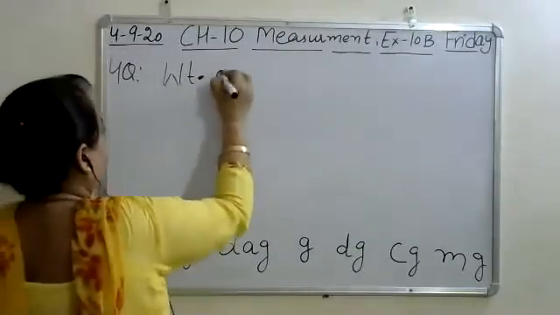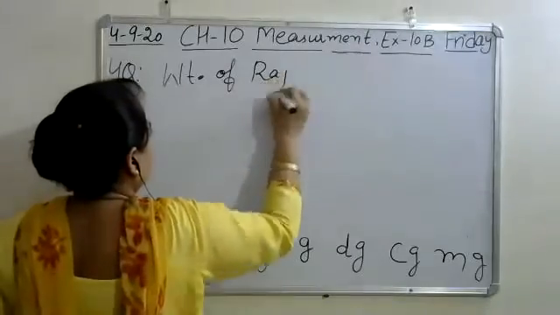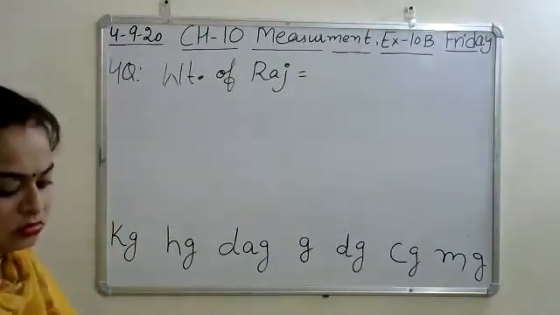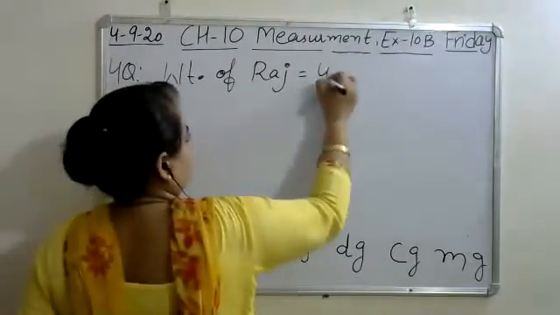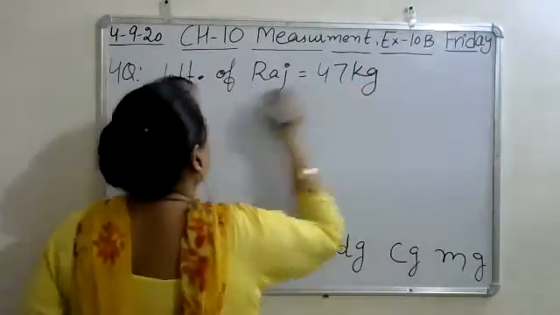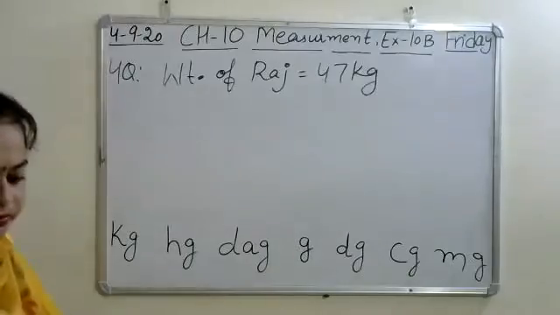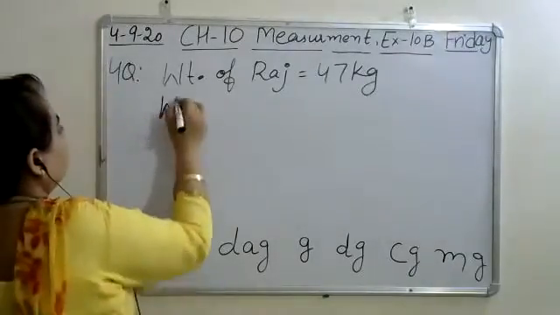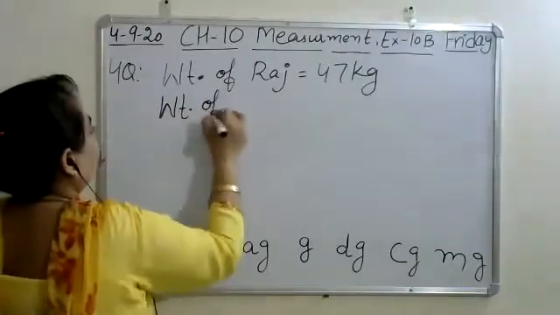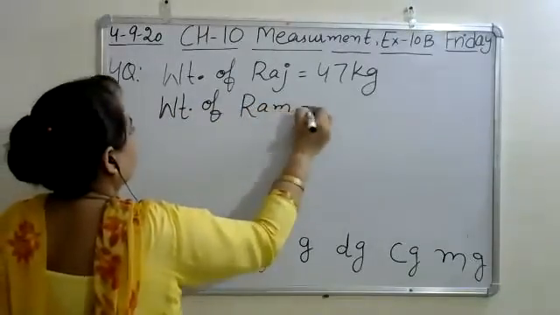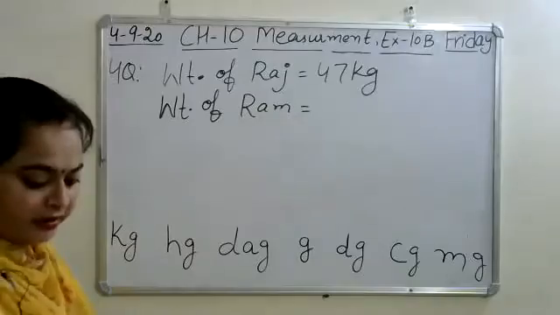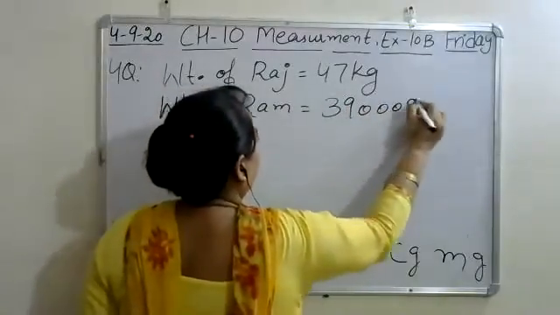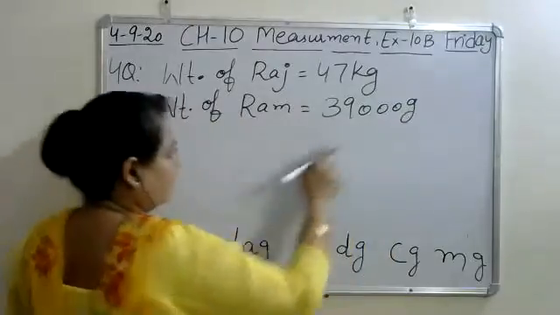Yes, weight of Raj is equal to 47 kg. And in the next step, what will you write? Weight of Ram. Weight of Ram is equal to 39,000 gram. Now tell me, how can you solve this sum?